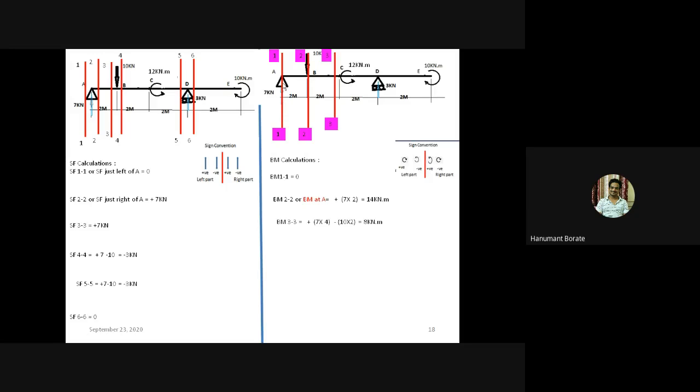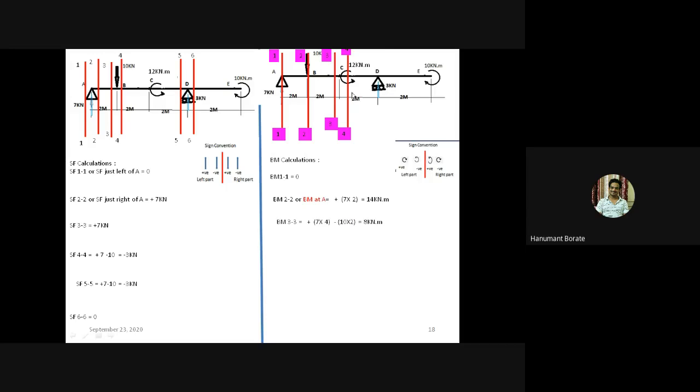Take the moment of the 7 kilonewton force, 7 into 4 about section 3, and this moment of the 7 kilonewton force is clockwise about section 3, right? And now take the moment of this 10 kilonewton force about section 3. This moment is anticlockwise, 10 into 2 meter distance, right? So in this way here we'll get the answer 8 kilonewton meter positive.